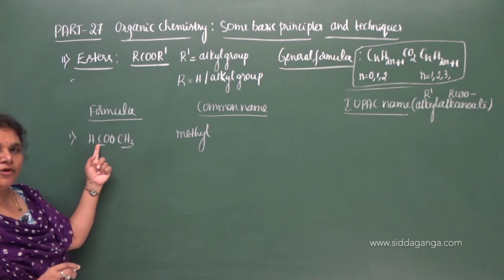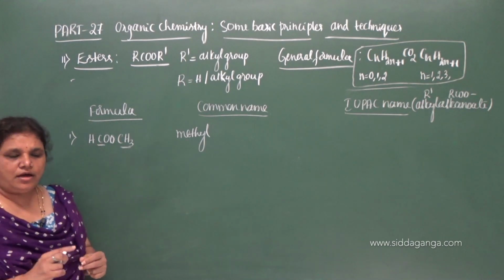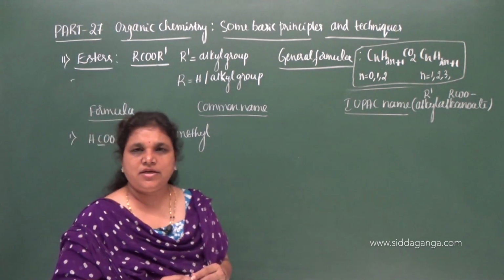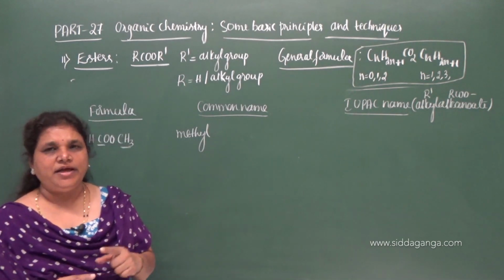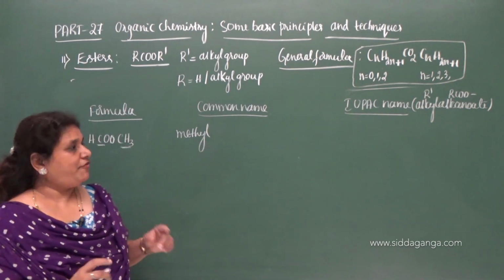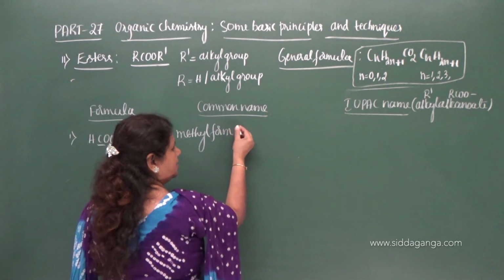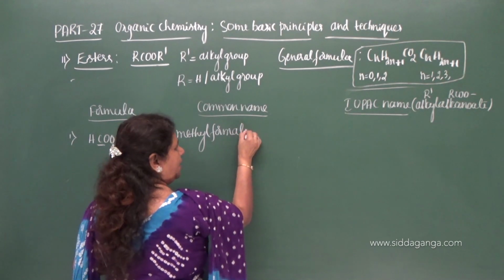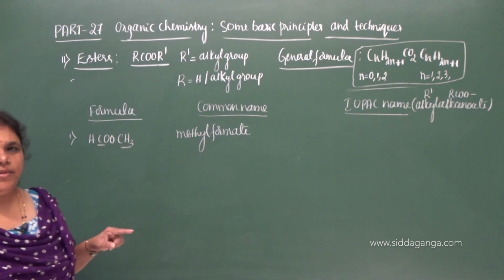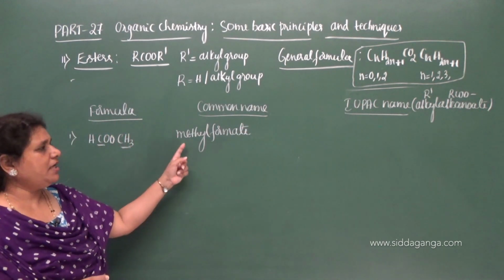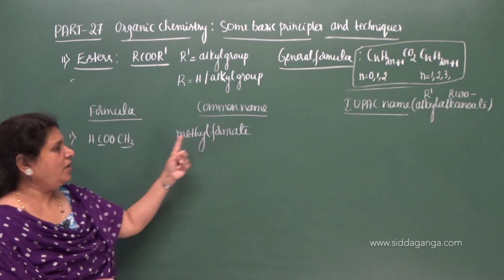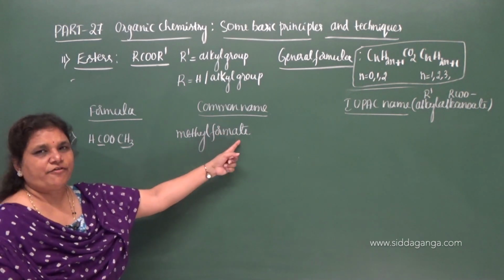What is the common name of the acid containing 1 carbon? It is formic acid. From formic acid you have to remove ic acid and replace it by ATE, hence the name becomes formate, methyl formate. So the name is methyl formate.